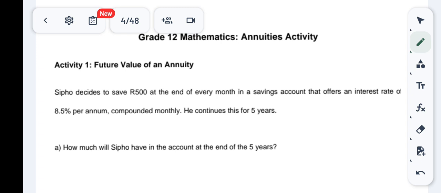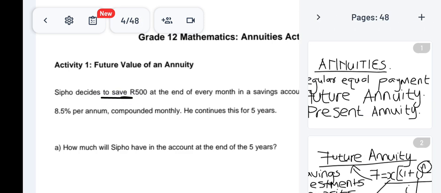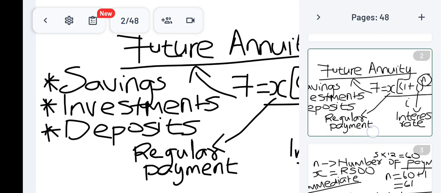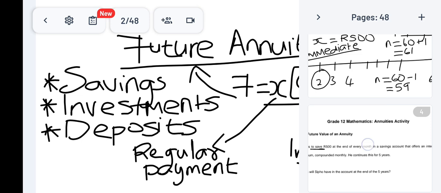Please, with those keywords, you need to be able to identify which annuity you are dealing with here, because people make a lot of mistakes in identifying these annuities. Save, we just said savings, that is a future annuity. Please be able to identify your annuity with those keywords.